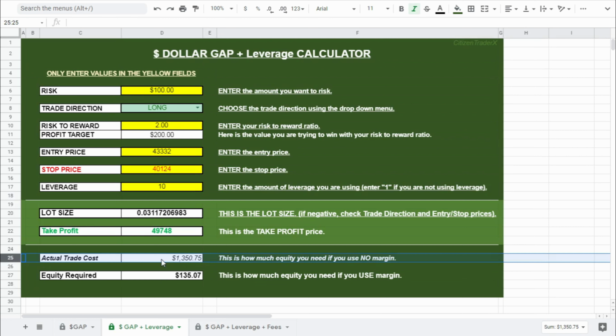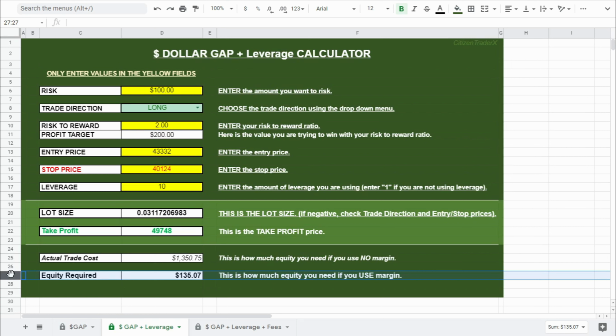No matter what margin or leverage you use, the trade itself still costs $1,350.75. But with 10x leverage, you only need to have $135.07 in your account, because the broker is giving you 10 times that value.